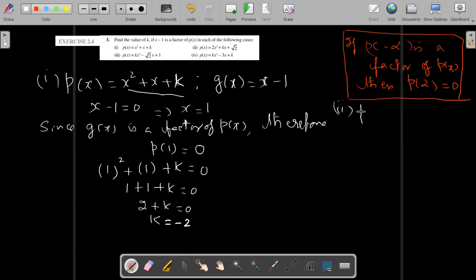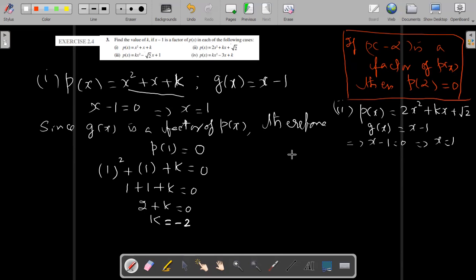Here, in this question, p(x) is equal to 2x square plus kx plus root 2. And g(x), you know, g(x) is equal to x minus 1, which gives x minus 1 is equal to 0, so x is equal to 1.